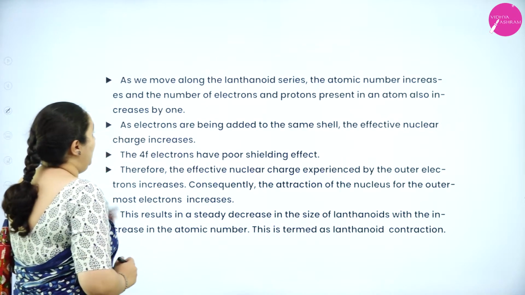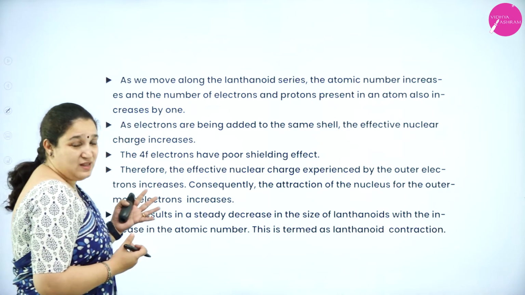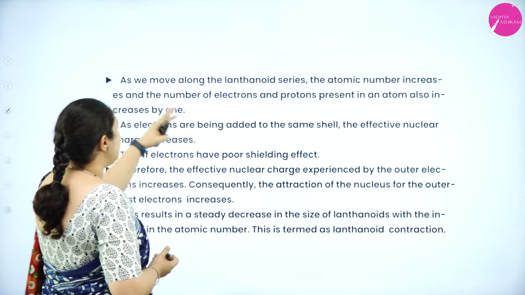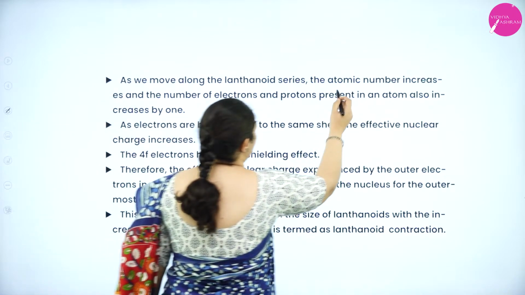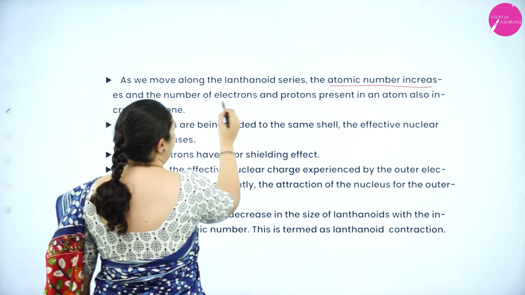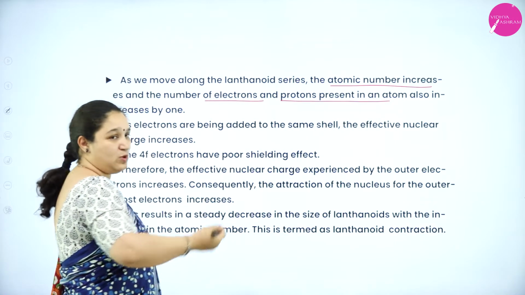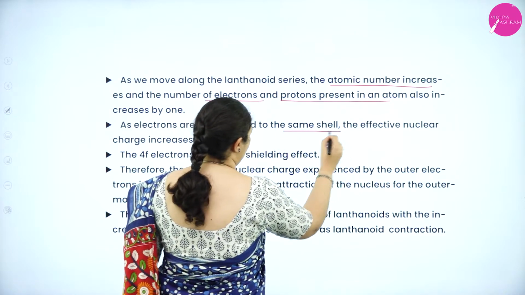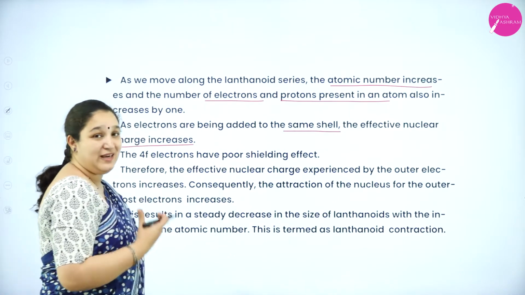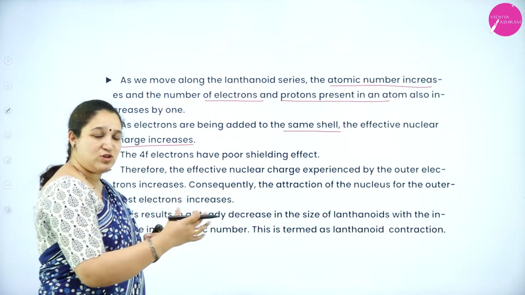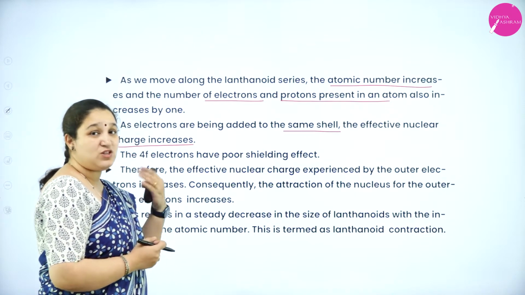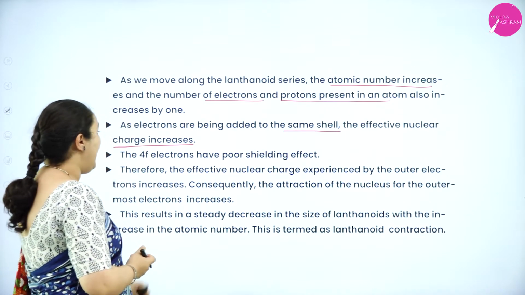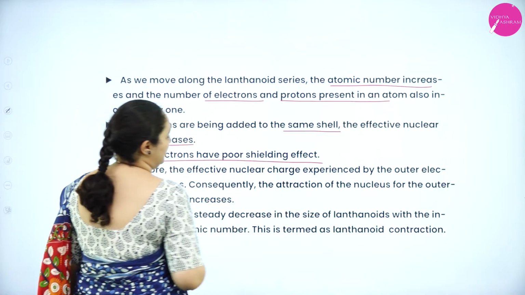Next, the same thing, I shall just repeat it again. As we move along the lanthanoid series, the atomic number is increasing and the number of electrons and protons present in the atom is also increasing. But the electrons are being added to the same shell and the effective nuclear charge increases. The electrons are added to the same shell, but the effective nuclear charge is increasing because they are not shielding the outermost electrons, as 4f electrons have poor shielding effect.